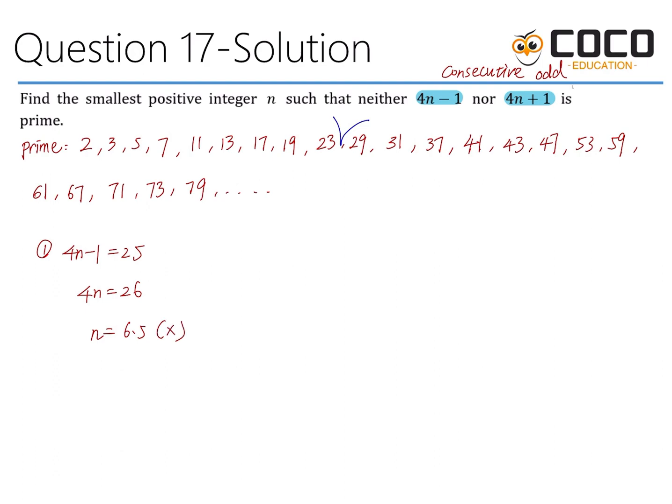So this is wrong. The second time this happens is between 47 and 53. So we have the numbers 49 and 51. Then we can let 4n minus 1 equal 49.